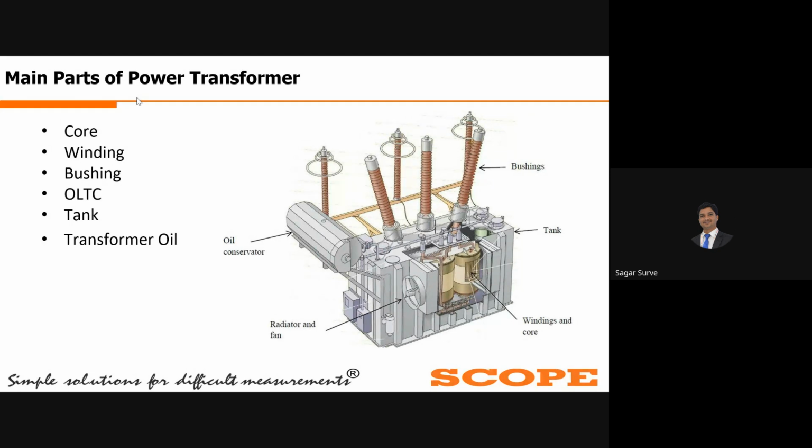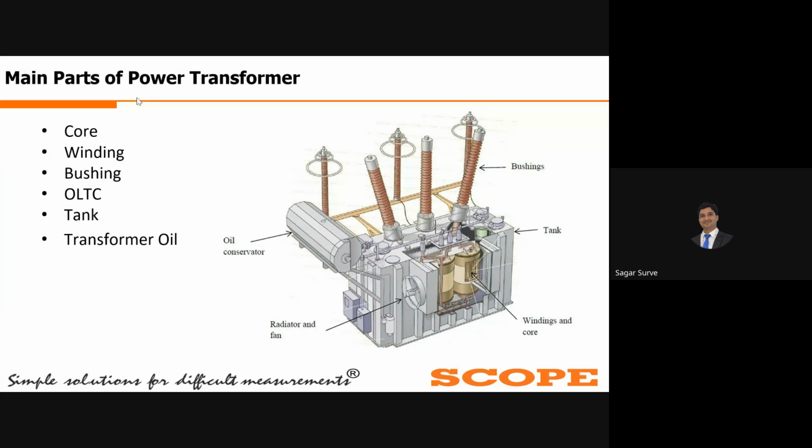So to maintain the health of the transformer, that oil is also an important thing. For that we need to check the tan delta of that oil. We need to check the BDV, that is the breakdown voltage strength of the oil. Then ppm content, moisture content, dissolved gas analysis. All these tests are regularly carried out on the transformer oil, because it is basically the insulation.